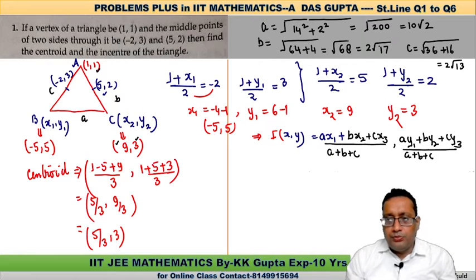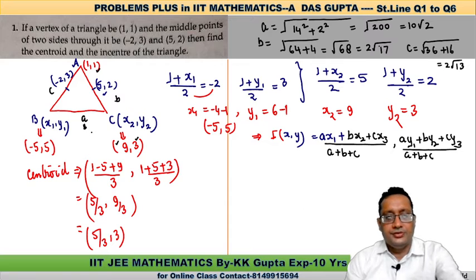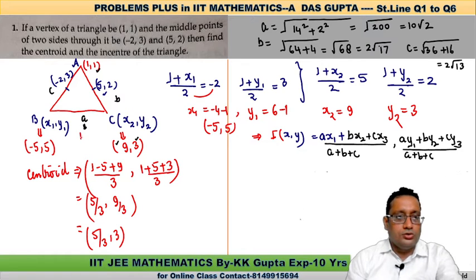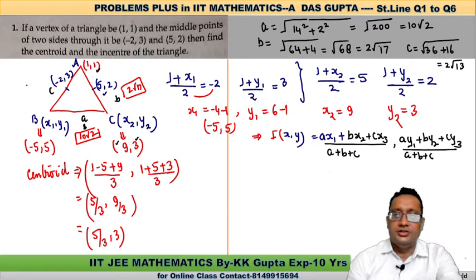Now we'll just place everything. A length I have got, A length is 10 root 2. B length is 2 root 17 and C length is 2 root 13.